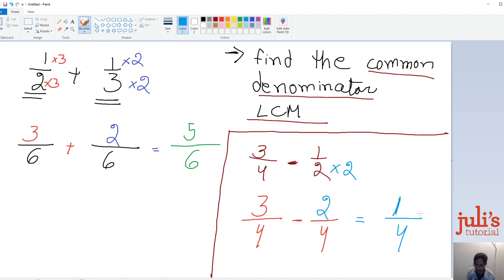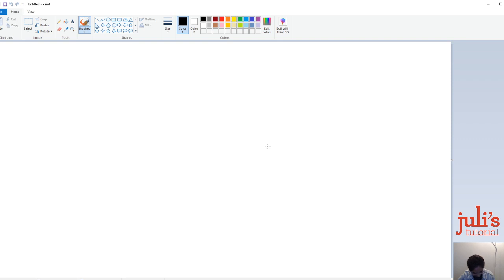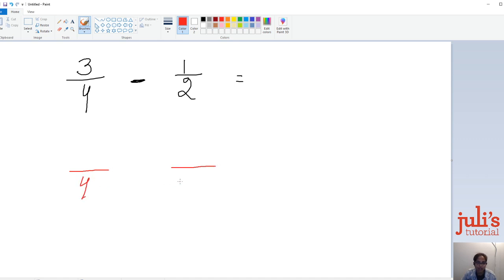Okay, so Rafia, you need it to be explained one more time. So I'm going to do it again for you. We have 3 over 4 minus 1/2. Okay, we got to find the common denominator. And the common denominator is going to be 4. Why?